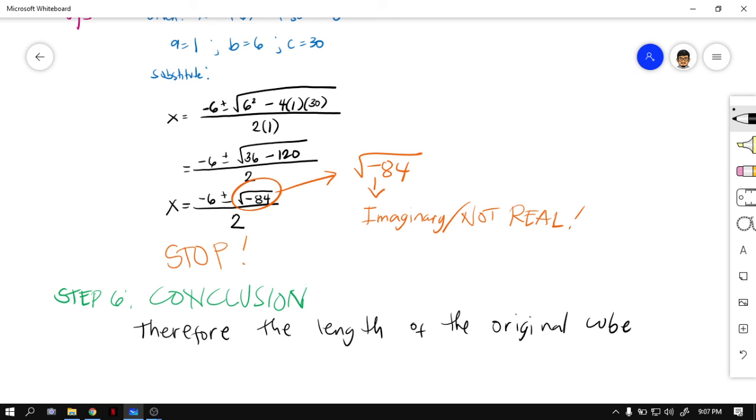What is the representation of the length of the original cube? The dimension of the original cube. X, right? And x is equal to 5. That is the only possible dimension of the cube, because the remaining one is imaginary, not real. So, therefore, the length of the original cube is 5 inches. Okay, inches. 5 inches.